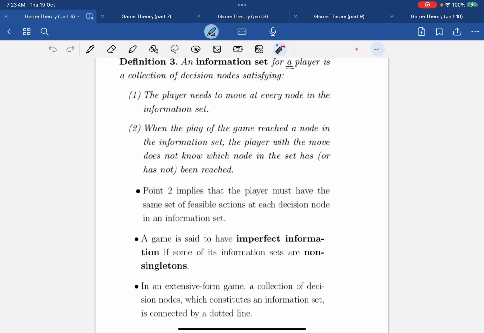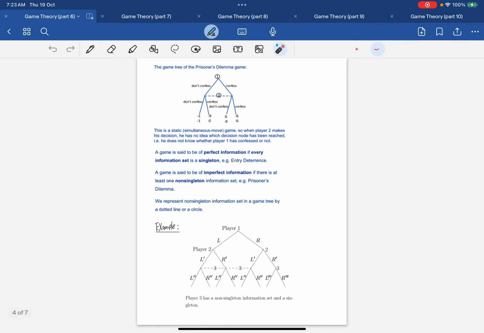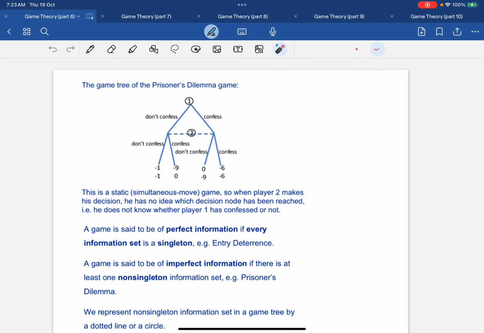Greater clarity can be seen in the next example. What happens is we have this tree game.